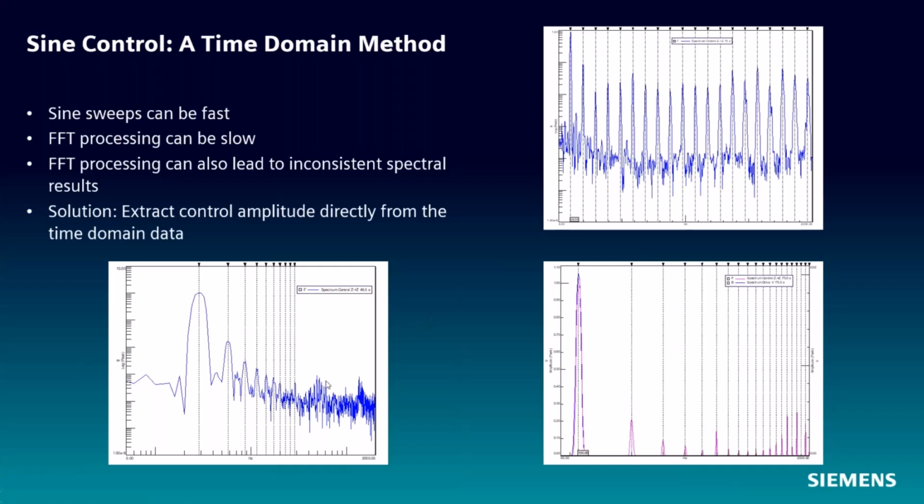But really this is the same swept sine time recording, just processed in 3 different ways with FFT processing. Different overlap values, different number of averages, all kinds of different settings can really affect what the result looks like. To avoid that, we're going to extract the control amplitude directly from the time domain data.